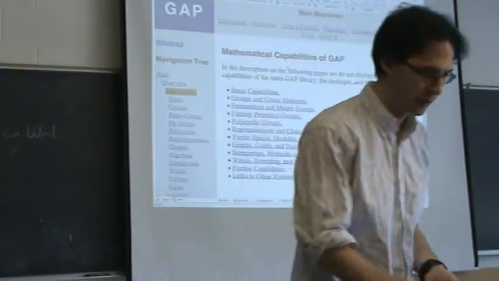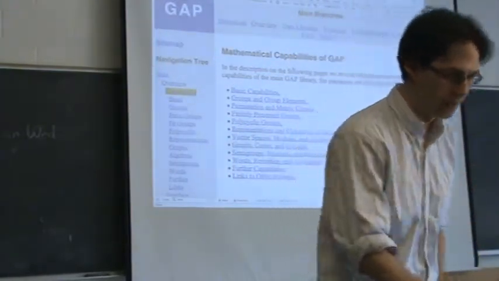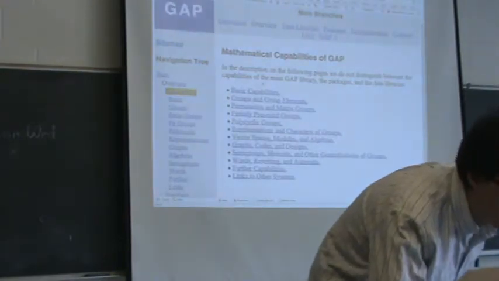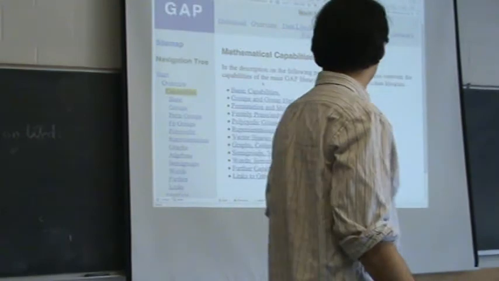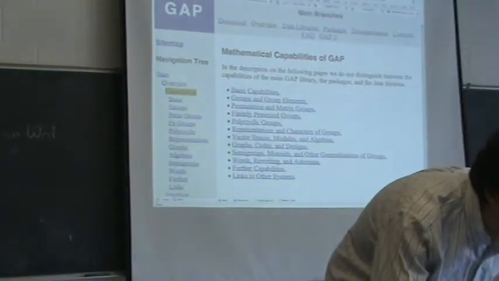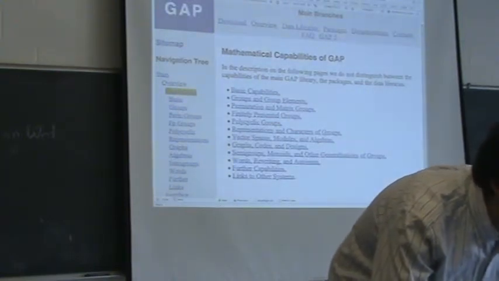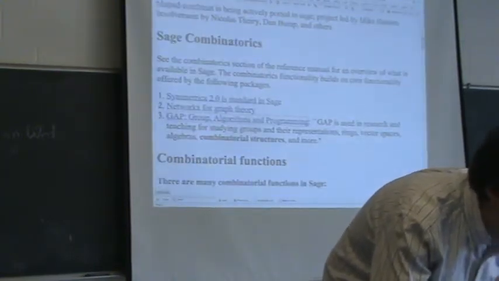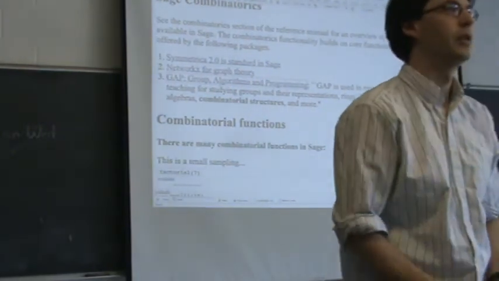Actually, it was really a counterpart to Cayley, which is the predecessor to Magma. It got a lot of funding from Germany in the 80s and 90s, and then eventually moved to England, or Scotland, I guess. But there are a lot of people all over the world that work on GAP.